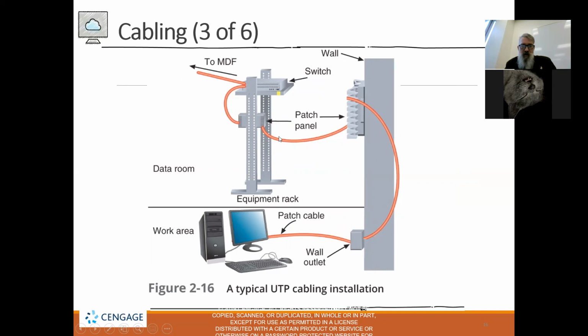This could be a fiber. Typically, it would just be Ethernet, but this one here would probably be fiber. These could be UTP too. UTP stands for unshielded twisted pair, as opposed to shielded twisted pair, which is STP, as opposed to fiber.